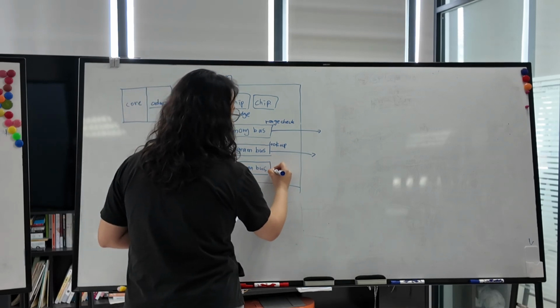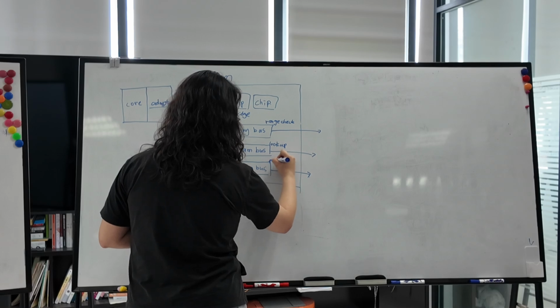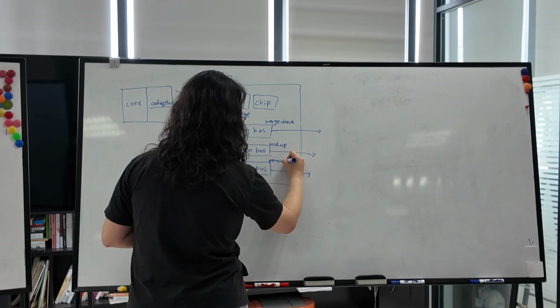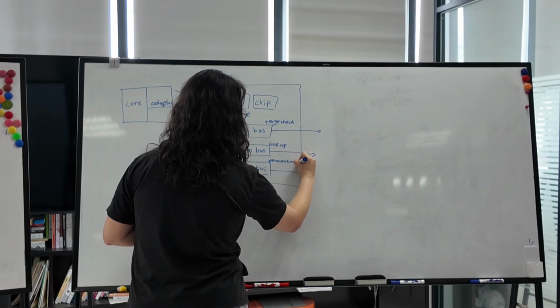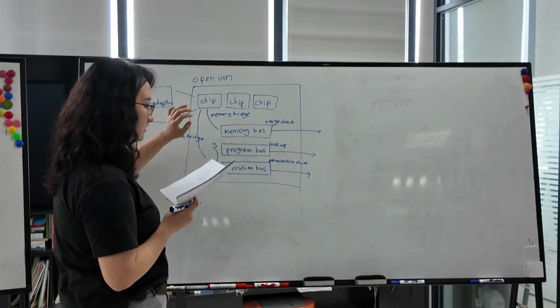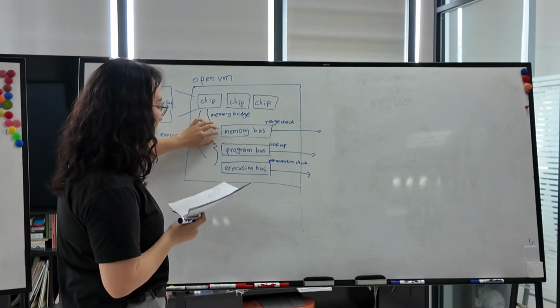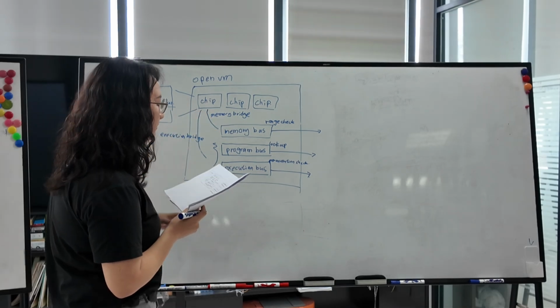And then the execution bus is doing permutation check. So memory bus is taking care of the offline memory checking and then manage the initial and final memory state.